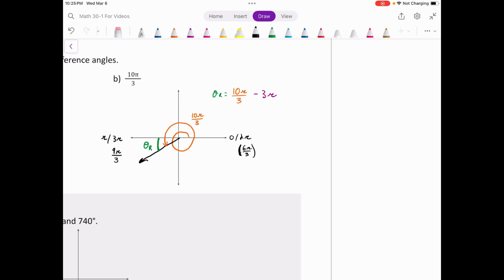Okay, again, getting a common denominator, that's 10 pi over 3 minus 3 pi, which could be rewritten as 9/3 pi. And therefore our reference angle, 10 minus 9, is, like we predicted, 1/3 of pi, right? We went 1/3 of pi past 9/3 of pi. So that's our reference angle.